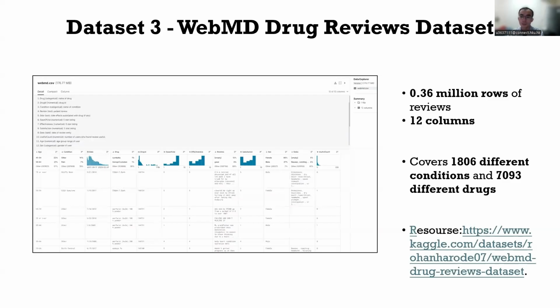I'm here to demonstrate data analysis for dataset 3, the MD drug review dataset. It is composed of 0.36 million reviews and 12 columns, and it covers more than 1,800 different conditions and more than 7,000 different drugs. It is a big dataset, and the underlying pattern should be representative.